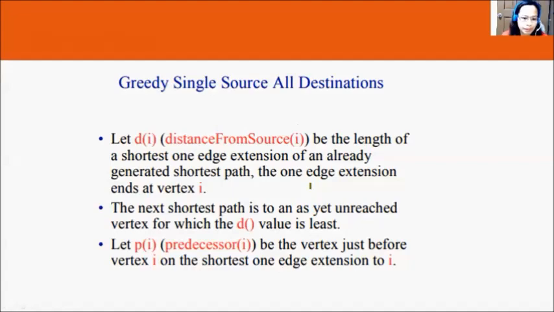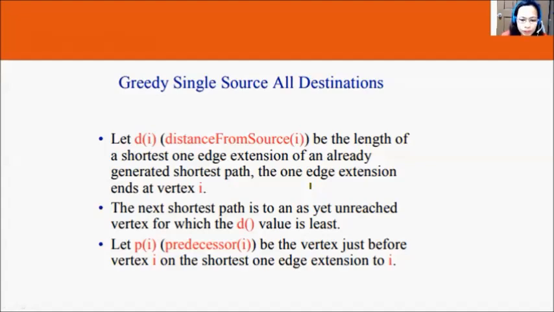Okay? So next, greedy single source all destinations. Let d_i be the distance from the source, the length of the shortest one edge extension of an already generated shortest path. The one edge extension ends at vertex i.